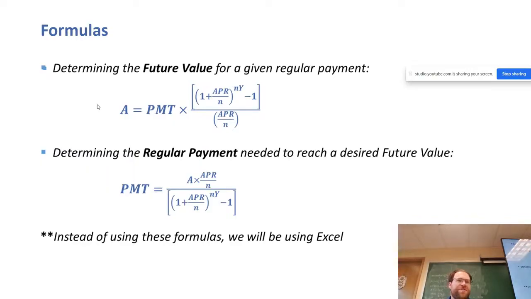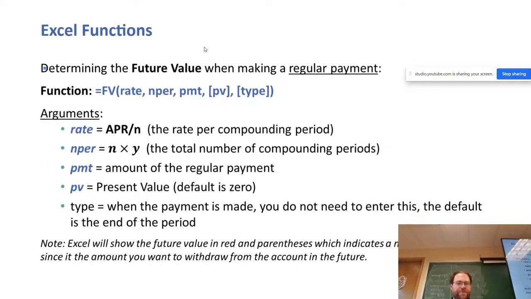I generally haven't seen future value or regular payment show up. But if it did, you'd be able to use Excel to get these. So there's the future value function that you'd be able to type into Excel.